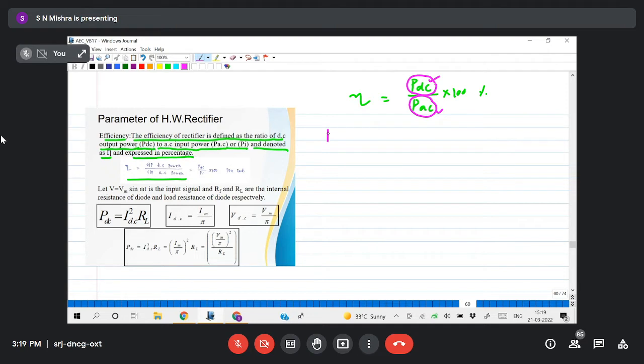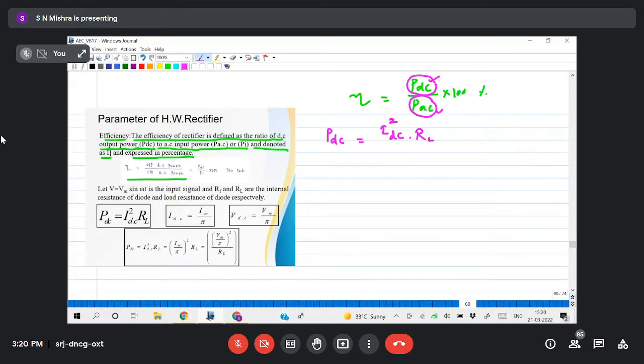So for PDC power, we can write current into voltage, or current square into resistance, or voltage square by resistance. P equals V into I, or I squared R, or V squared by R. Anything you take, the answer will be the same. So I am taking IDC squared into resistance RL.